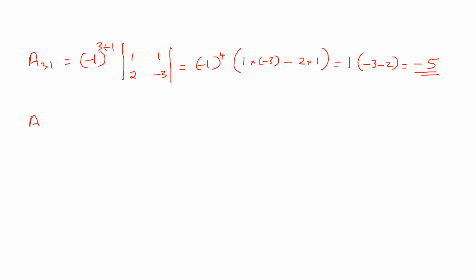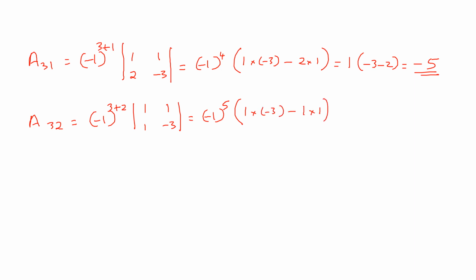Then A32 is equal to minus 1 to the power 3 plus 2 into minor 1, 1, 1 minus 3, that is minus 1 to the power 5 into 1 into minus 3 minus 1 into 1, that is minus 1 into minus 3 minus 1, that is 4.